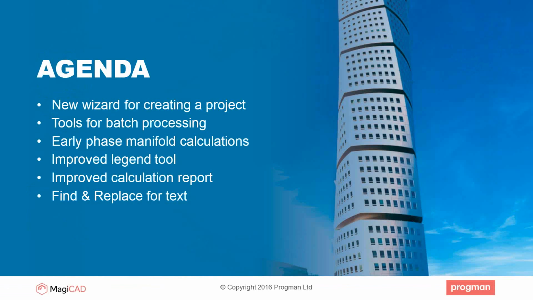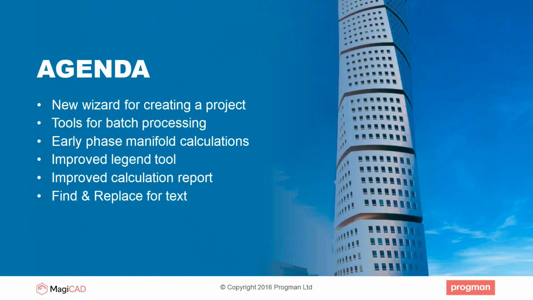The agenda, of course, is to gather all the new features of MagiCAD for AutoCAD today. The features we are going to look at are listed here. We have a new wizard for creating a project, different tools for batch processing. I will be explaining them better soon.